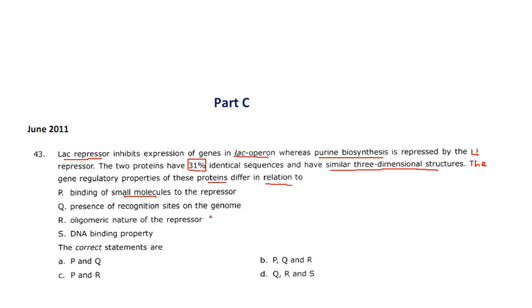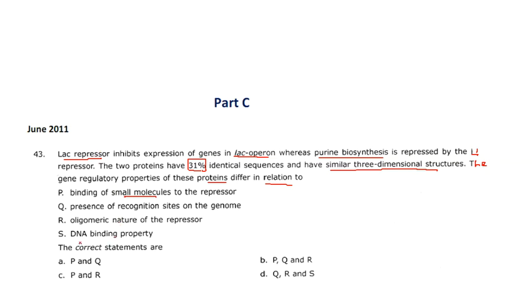Then the oligomeric nature of the repressor. Because there is a similarity between these two, which characters of one are similar to the other? The repressor is oligomeric in nature. The lac repressor is an oligomer.